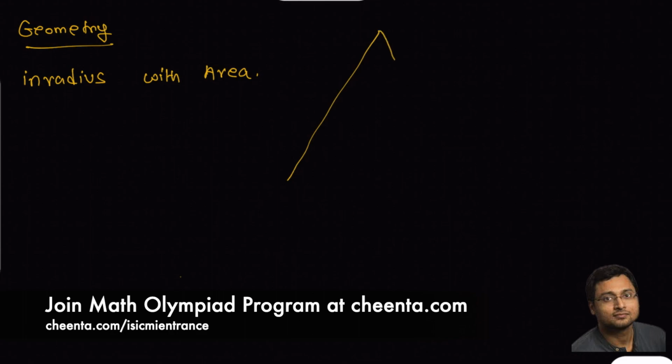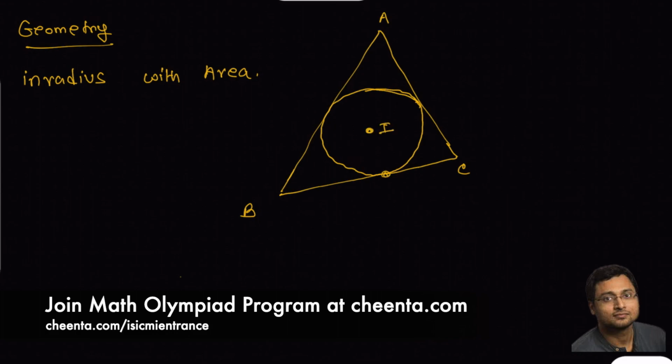Suppose we have a triangle ABC, and we have the incircle of the triangle ABC. So all the sides are tangential to this incircle. That's how the incircle is constructed. And the incenter is I. Suppose these 3 points D, E and F are the points of tangency of this circle with these 3 sides.